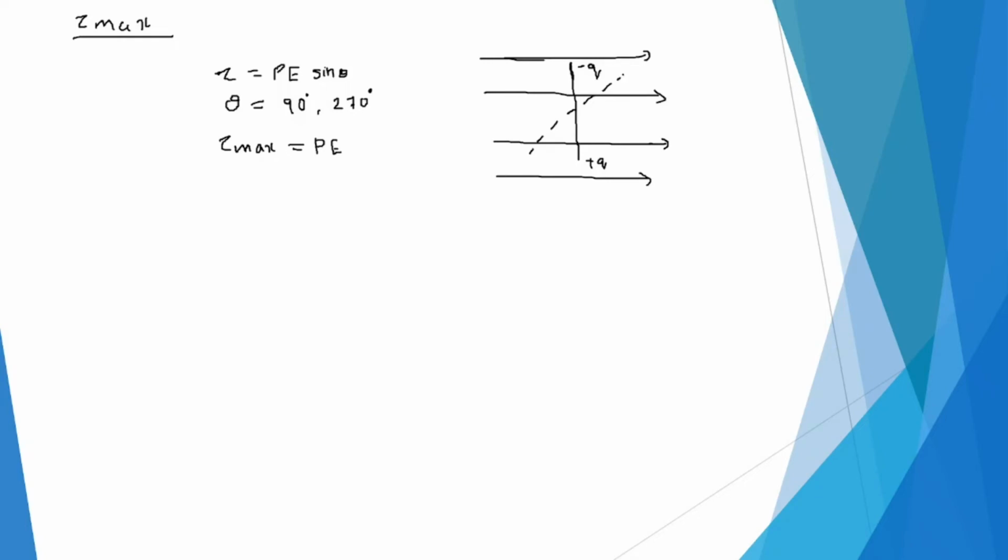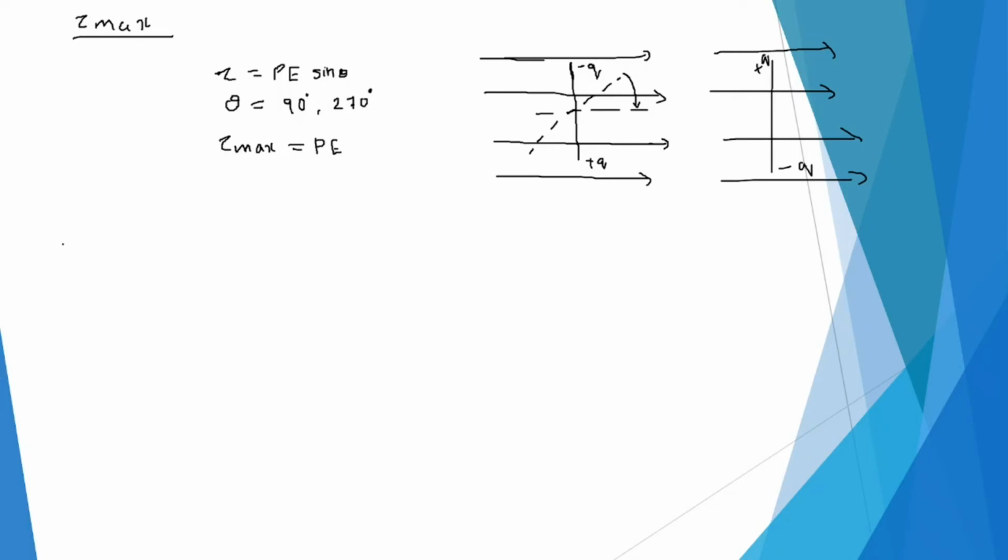So when we give force here, this will become 0 degrees, and again here it will be 90 degrees. So maximum torque will be at 90 degrees. And at 270 degrees, the direction will be just opposite of this. That means this will be minus Q and this will be plus Q. Okay, so this is our torque maximum at 90 degrees and 270 degrees.